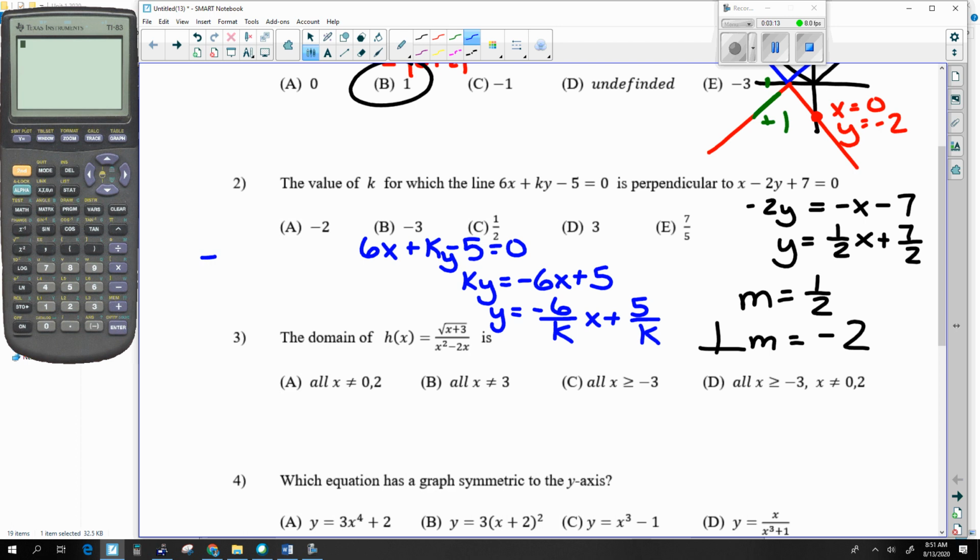So I need, change colors one more time, I need this -6 over k, the slope of my mysterious line, to be equal to -2. So cross multiply real quick. k is equal to 3.